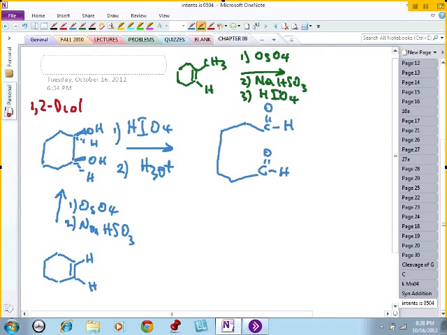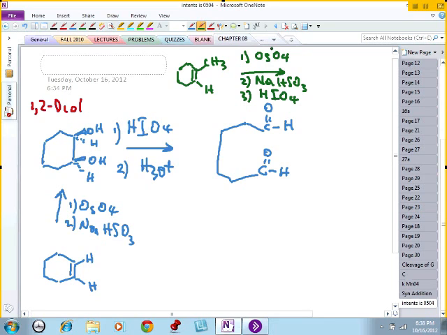Now, what will be the product? What class of compound are we going to get? Is it going to be carboxylic acid, aldehyde, or ketone? Carboxylic acid? Oh yeah?